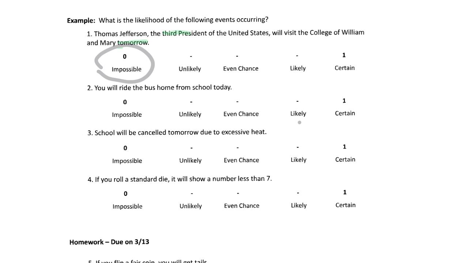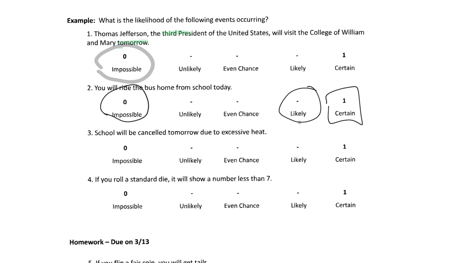Do you have an even chance? Is it impossible? You don't take a bus. You're a walker. You are a car rider. I know for me, I'm a car rider. It's impossible for me to ride the bus. But if you ride the bus every day, it might be certain or likely. So this one's more of a personal one.